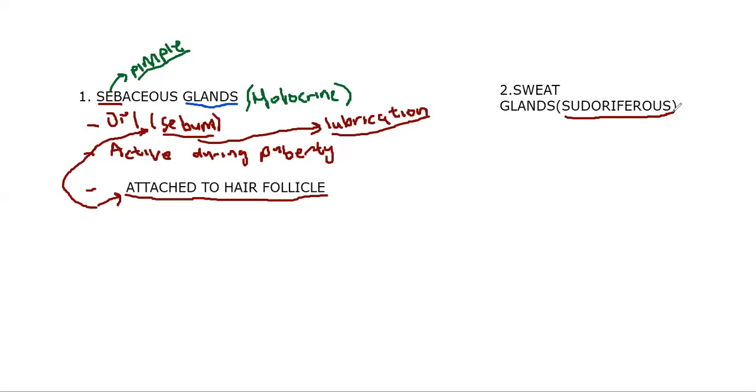Now, when it comes to sweat glands, they release their contents by using a vesicle, but that vesicle is to go out of the cell.